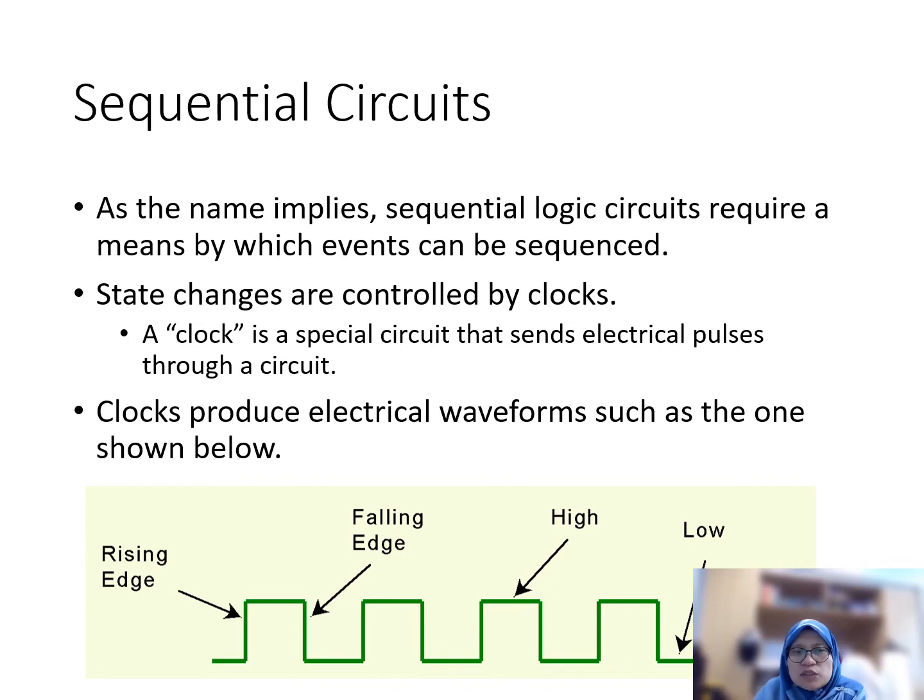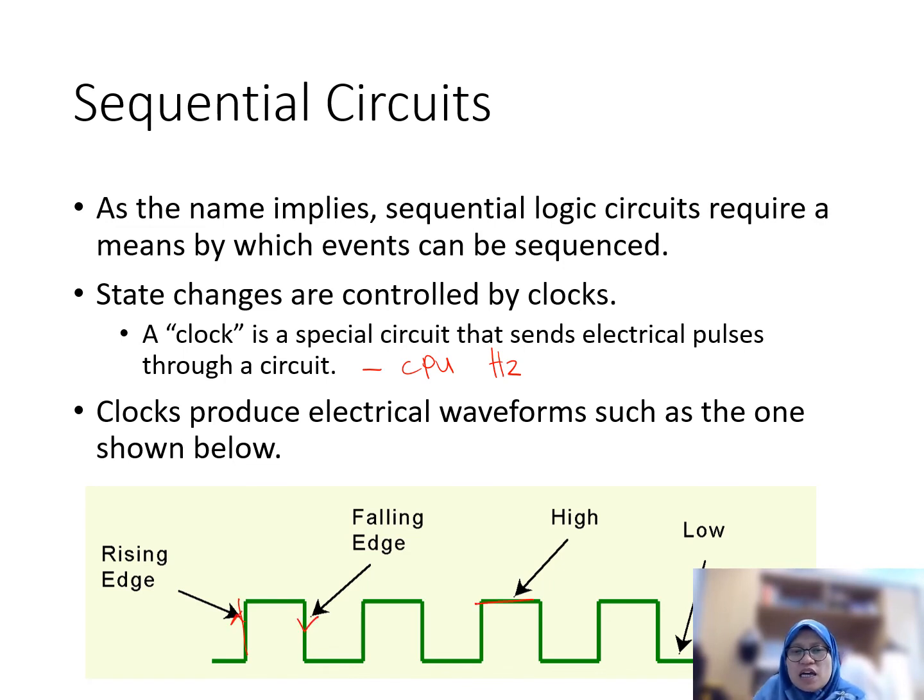A clock is a special circuit that sends electrical pulses through a circuit. In this case, our CPU hertz is what controls the timing or the cycle of that clock. The clock produces electrical waveforms such as the one shown below. They have a rising edge and then a falling edge.